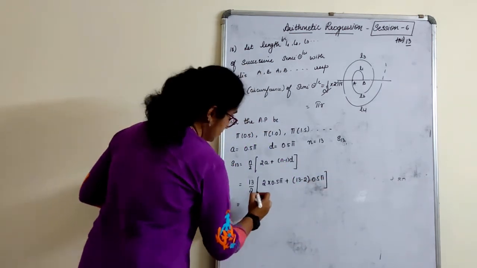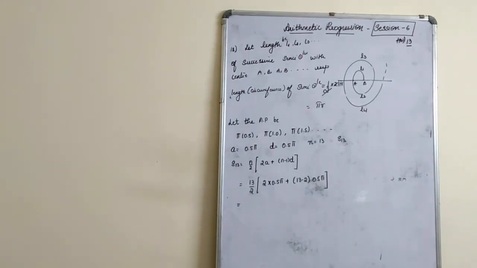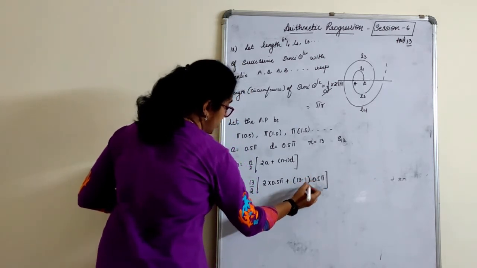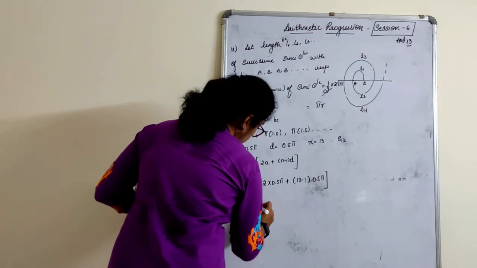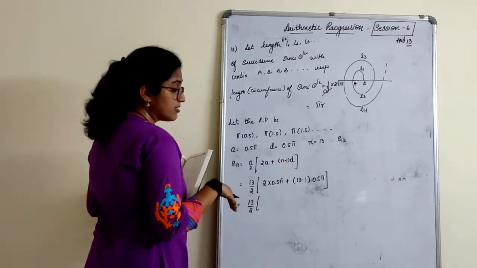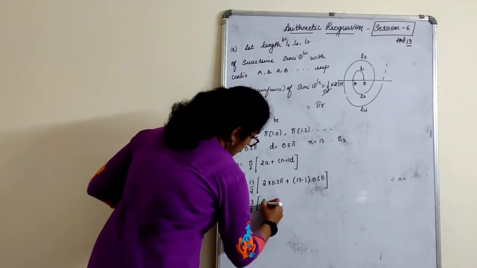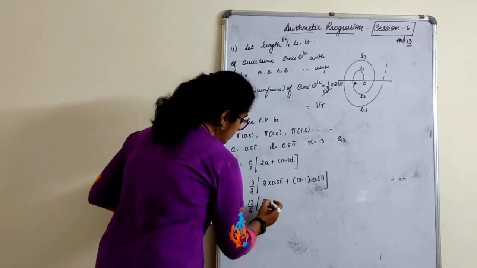Children, don't multiply yet, I'll tell you why. We can take something common there. That's why I'm keeping it as it is. Or you can multiply, that's fine, we'll do it.